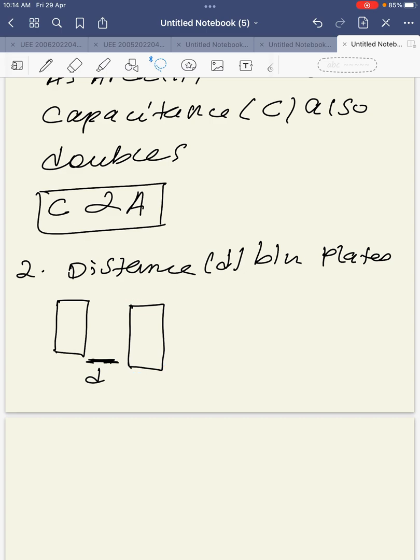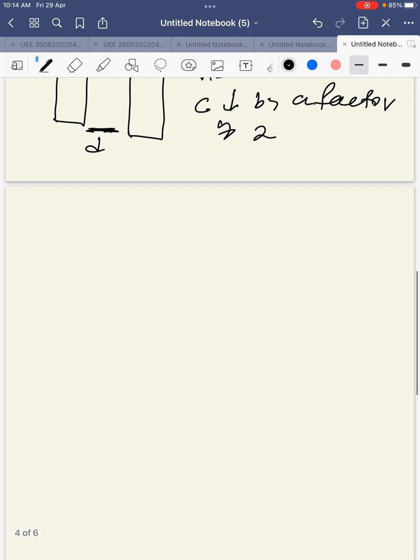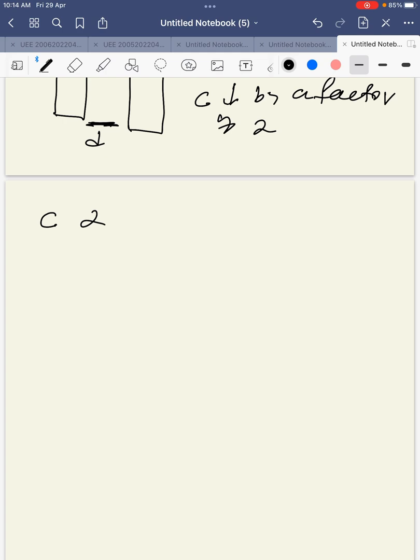As D, the distance between plates, doubles, capacitance decreases by a factor of 2. This relation is called inversely proportional. Capacitance is inversely proportional to D.